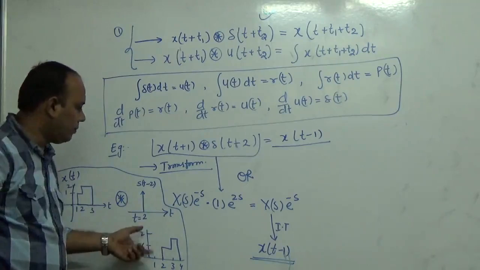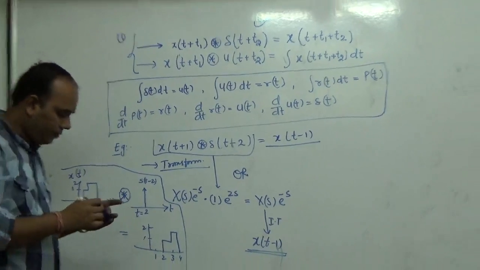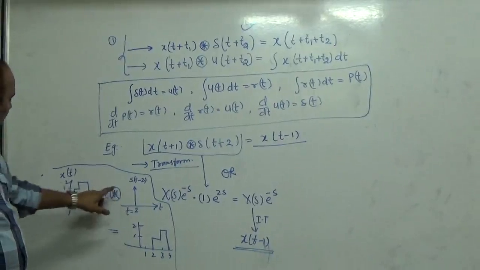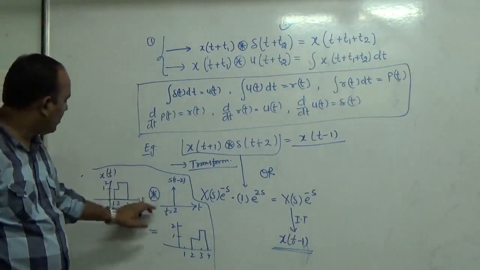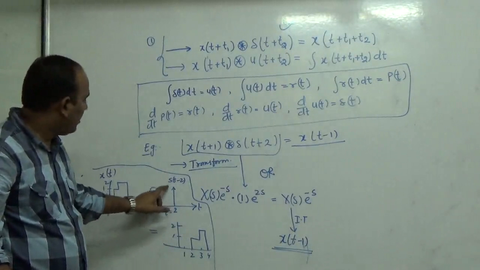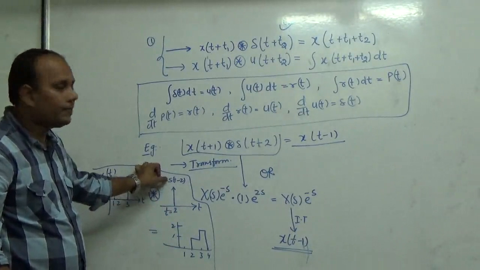So that will be x(t-1). Physically, if you see the graph, if we take the convolution of this and this, you will get this, just a shifting part, because of the δ(t).